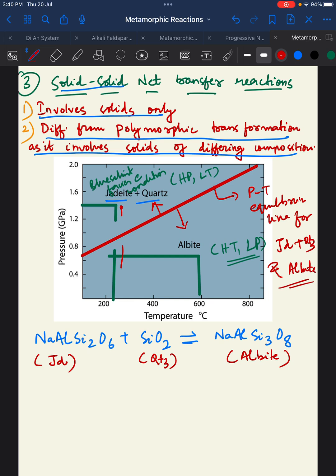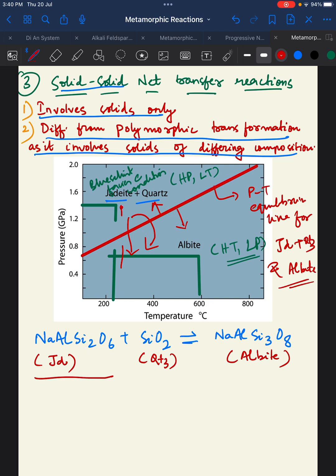If the pressure-temperature condition changes such that we cross this line and come below it, jadeite and quartz will no longer be stable and they will be converted into albite. This is the reaction.